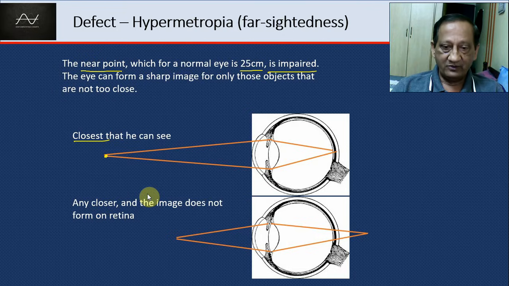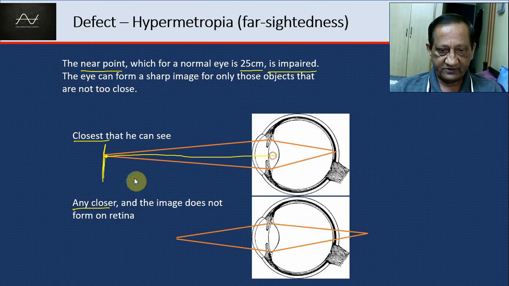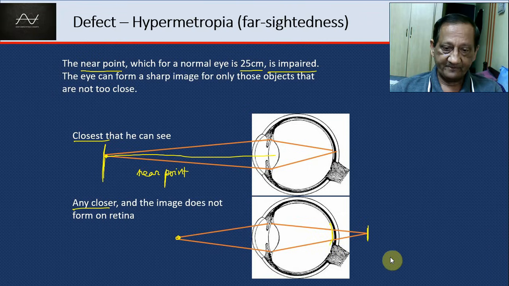So what is the solution for this? You see, the problem is, this is the near point for him. From here to here is the near point for this particular person. If the object is any closer, then the image is being formed somewhere behind, and the retina will create a blurred image therefore. So what is the solution?